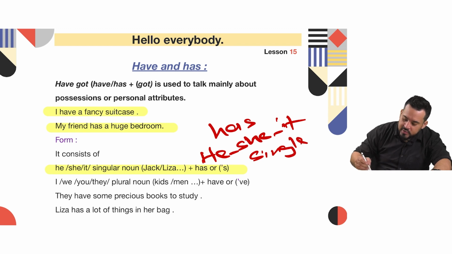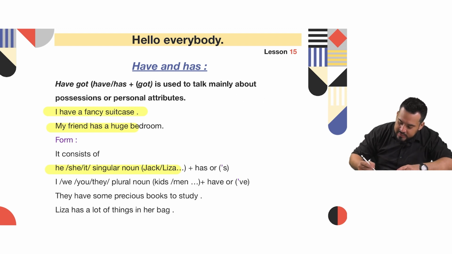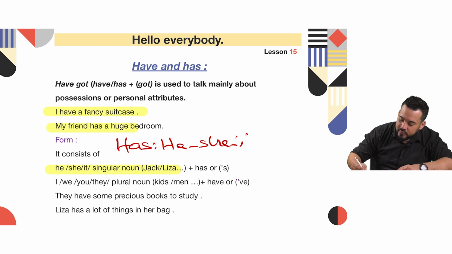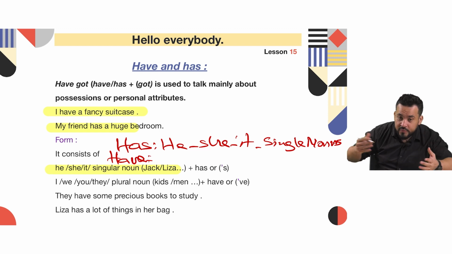Okay, let's redo this again. So has, it's used with he, she, it, or single nouns. Okay? And have is used with the others.